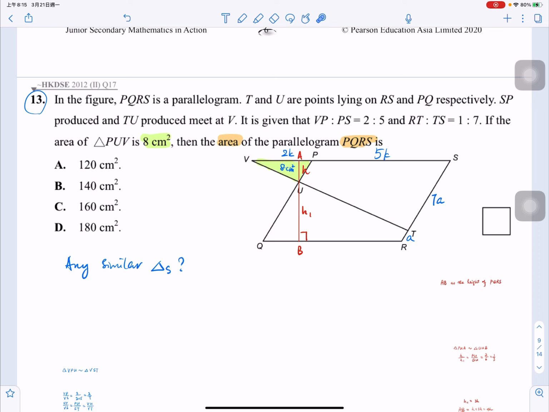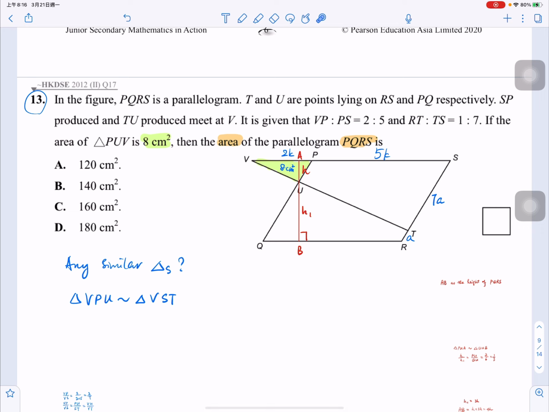Okay, so let's start from this pair of similar triangles. You know that VPU and VST have the ratio of the lengths VP and VS. Remember this one 2K, this one 5K? We only have the ratio by using the similar triangles.